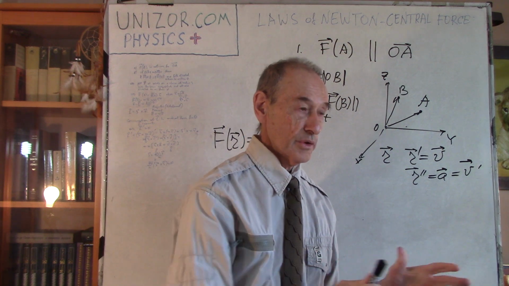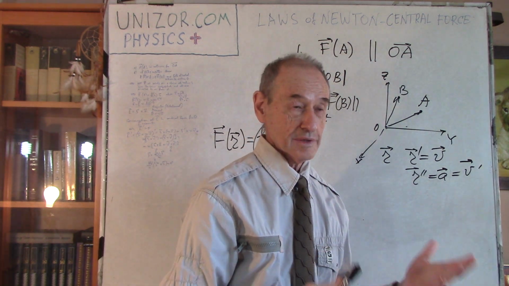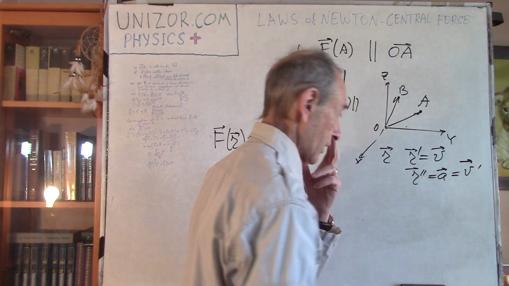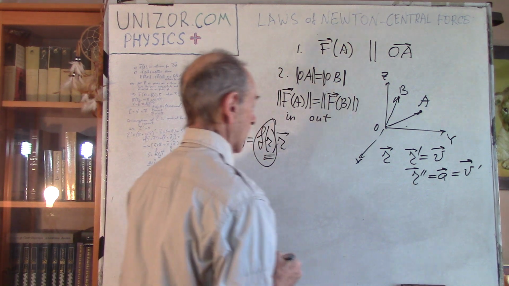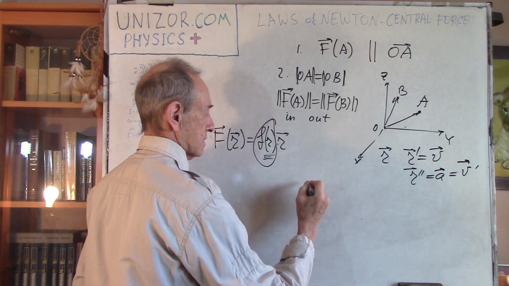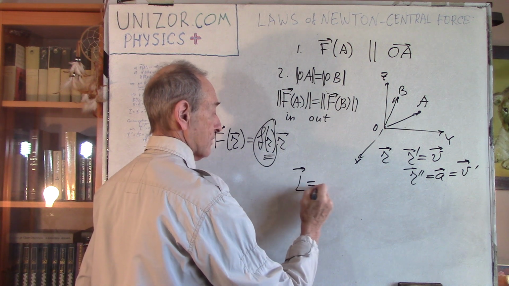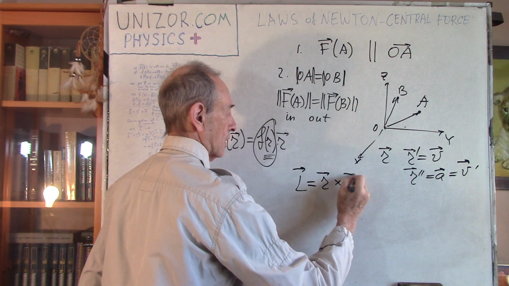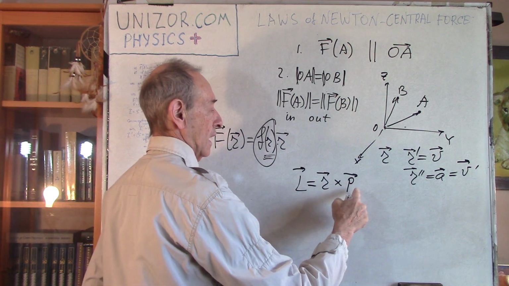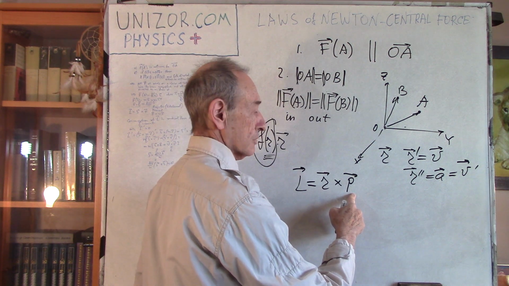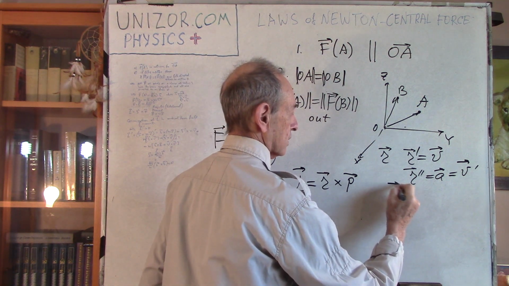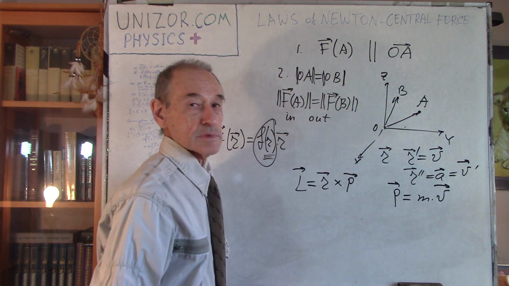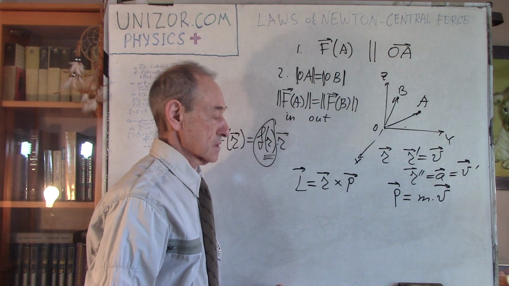Now we are going into the angular momentum conservation law. Now we have to define what angular momentum is. Okay, in vector form, angular momentum is a vector. It's a vector product of position vector and momentum vector, where momentum vector is, as we know, mass times velocity.